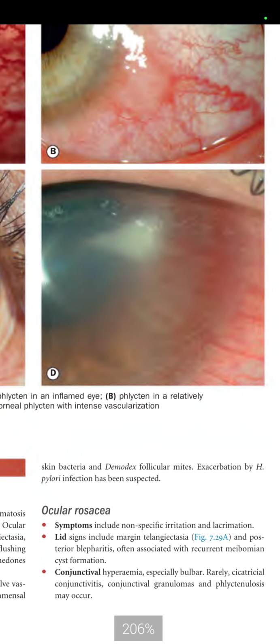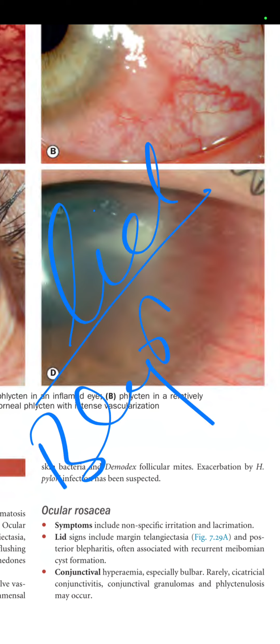So telangiectasia is very associated with rosacea. Symptoms include non-specific irritation and lacrimation. Lid signs include margin telangiectasias and posterior blepharitis, often associated with recurrent Meibomian cyst formation. So let's start with the lid. For the lid, always remember blepharitis plus telangiectasia.